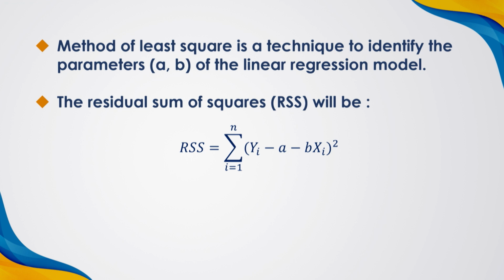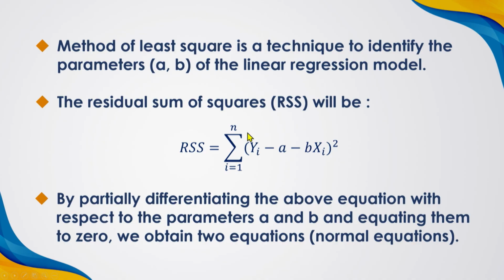The residual sum of squares, that is RSS, will be represented as the summation of yi minus a minus bxi, whole square. It has been obtained from your linear equation: yi minus a minus bxi is the residual, and you take its square. That is why it is called the residual sum of squares.